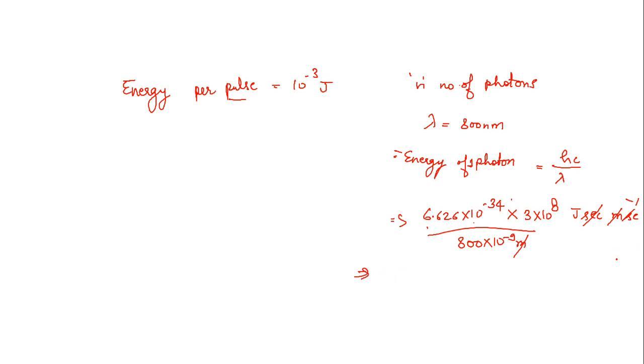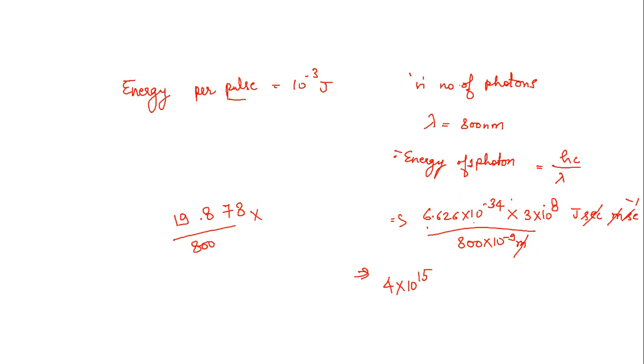Therefore the answer will come to be, actually I have calculated this before, 4 into 10 to the power 15 somewhere. If you just want to cross check, you can use a calculator. 6.626 into 3 comes to be 19.878, upon 800.